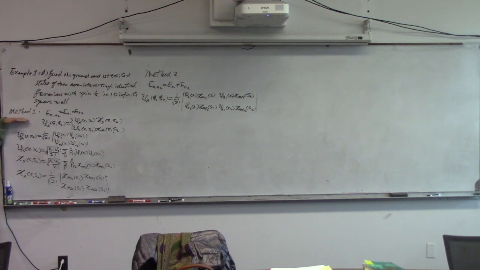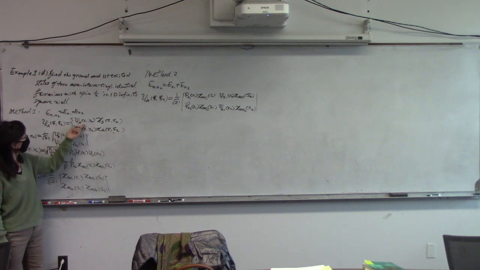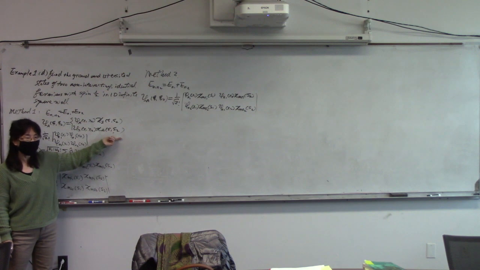Method 1 is to construct the wave function, because it's fermions, so it must be antisymmetric. For an antisymmetric wave function, we can construct it in two ways: either the product of an antisymmetric spatial wave function multiplied by a symmetric spin function, or a symmetric spatial function multiplied by an antisymmetric spin function.